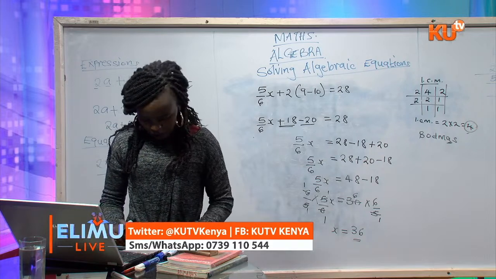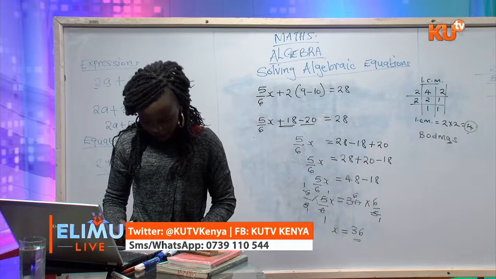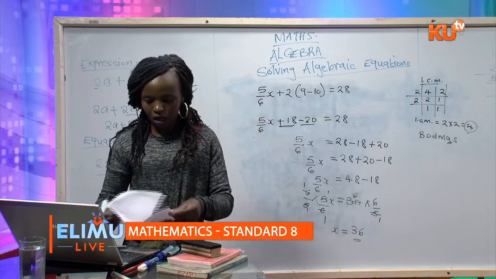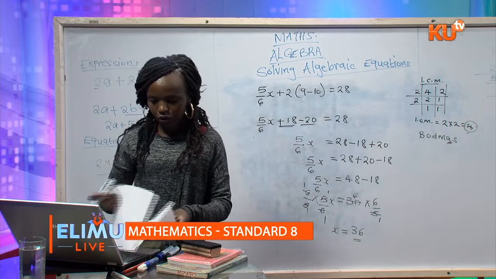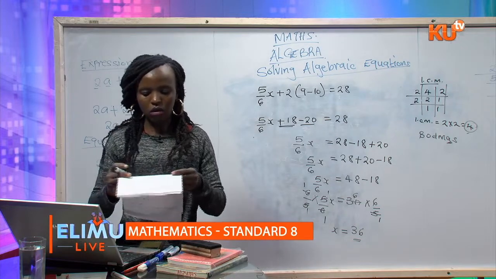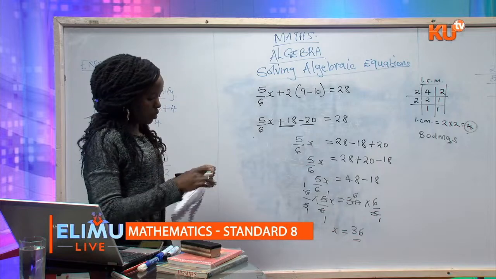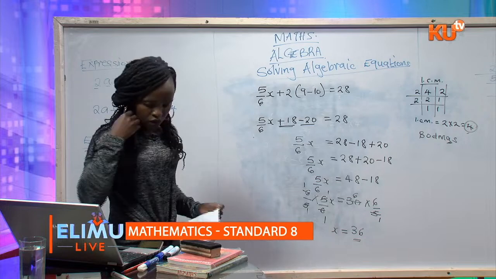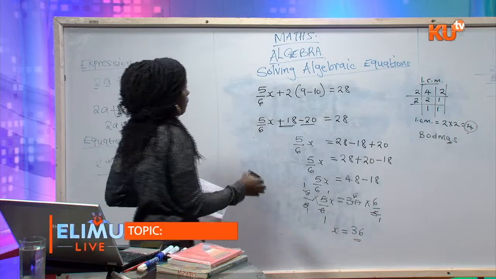Then someone is asking about example 4. I really don't know whether it is the KCP question or the division question that we were doing first, example number 4. We can do it again for the sake of this person.